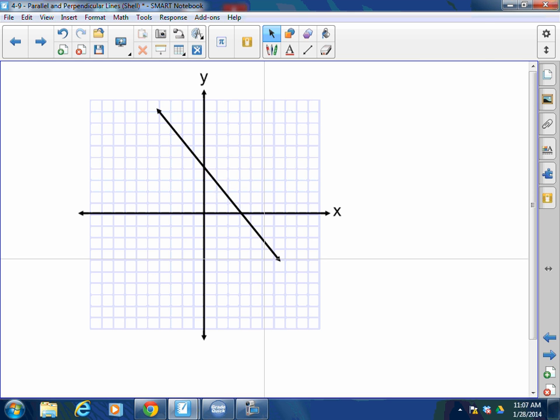I could say, write an equation that is parallel to this. How do I find slope here? Perfect points. Here's a perfect point. Here's a perfect point. I went down 1, 2, 3, 4 over 1, 2, 3. My slope would then be negative 4/3. So please remember how to find slope, whether it be in an equation or on a graph, please.